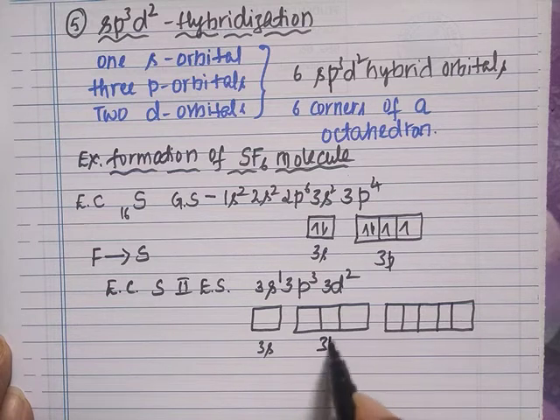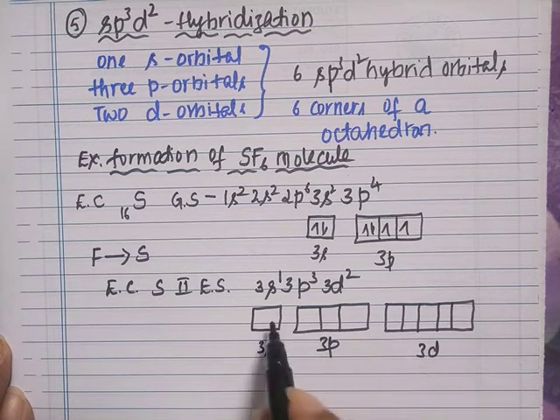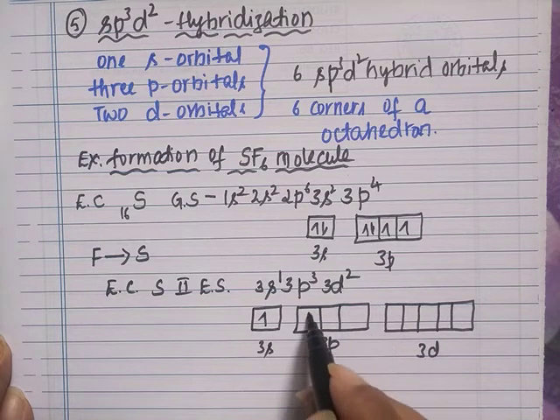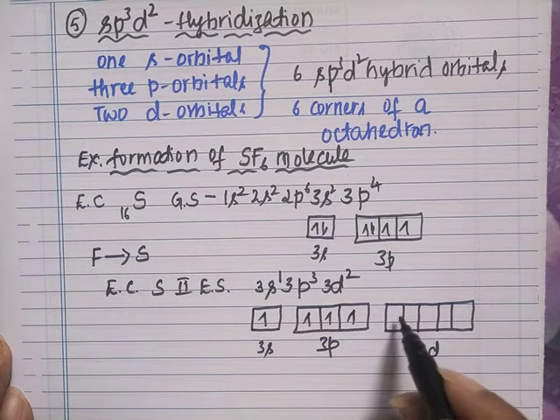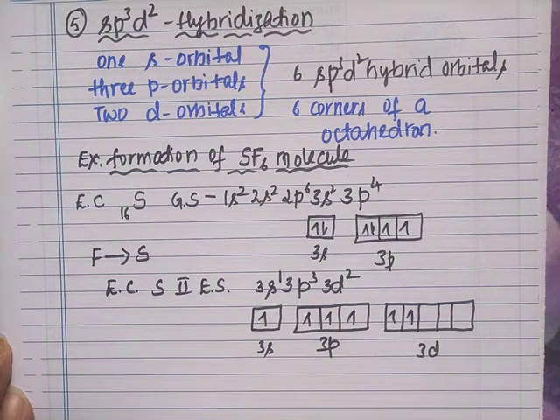In the 3s we have one electron, in the 3p orbital, in the second excited state we have 3 electrons in the 3p and 2 electrons in the 3d orbitals.